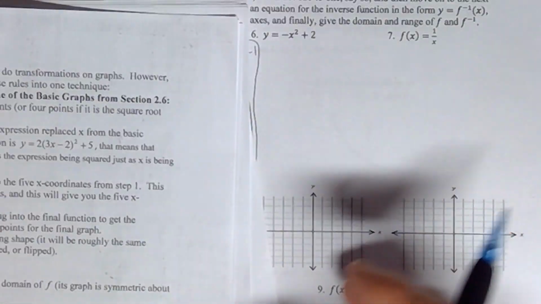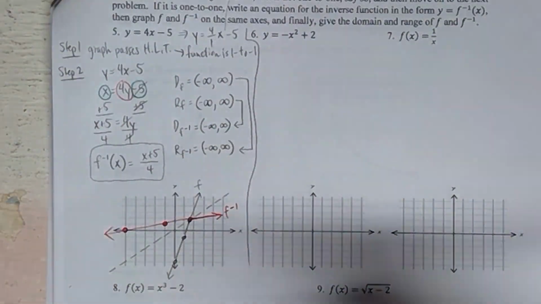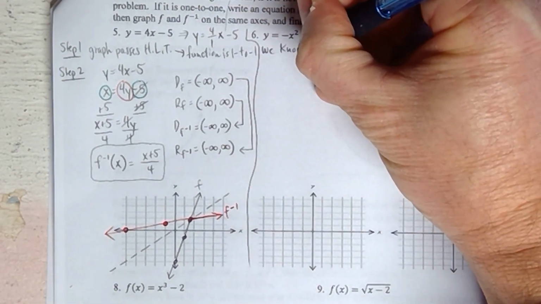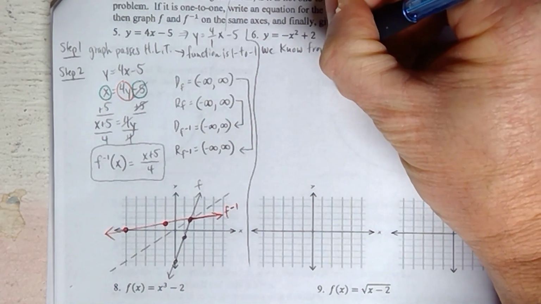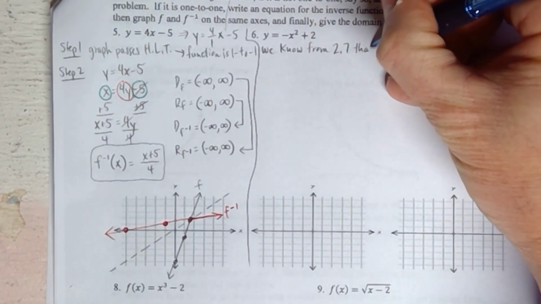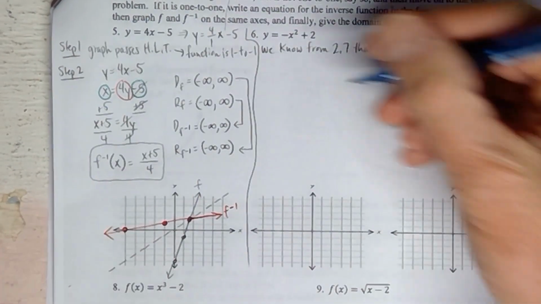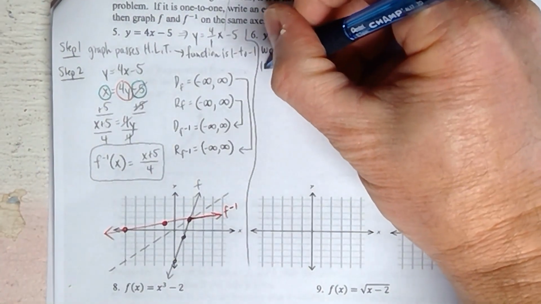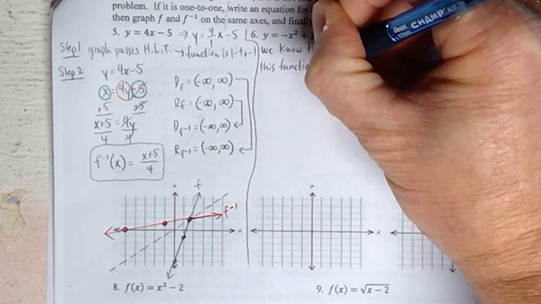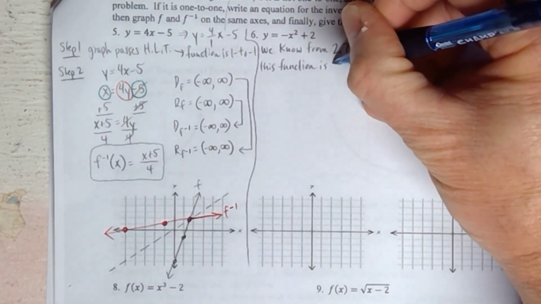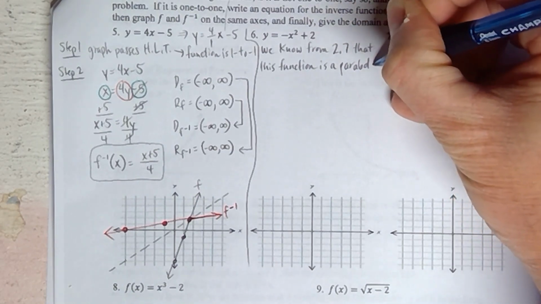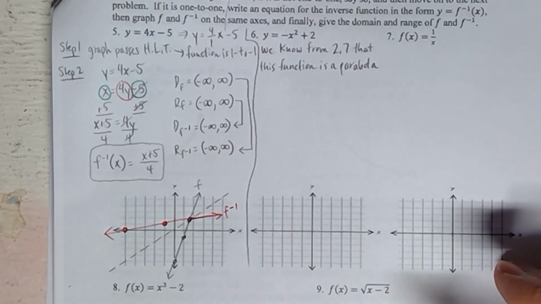Okay, let's write that down. We know from 2.7 that this function is a parabola, because it stems off of the x squared basic graph that we learned there.